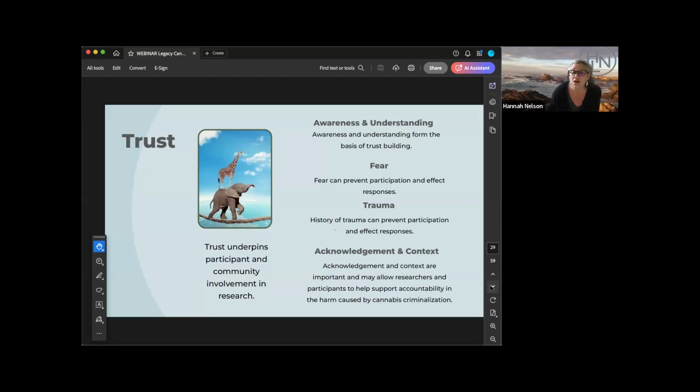Acknowledgement and context also helps support accountability throughout the research project.